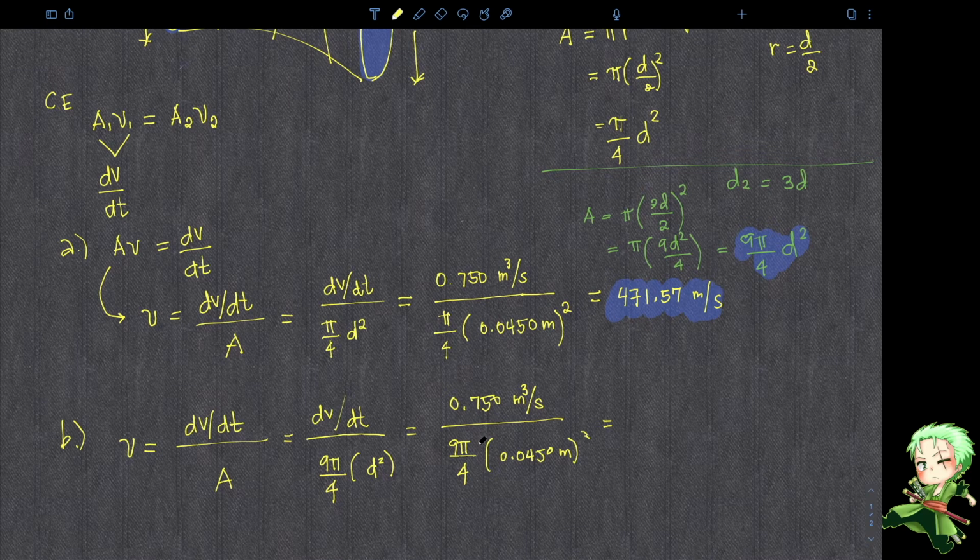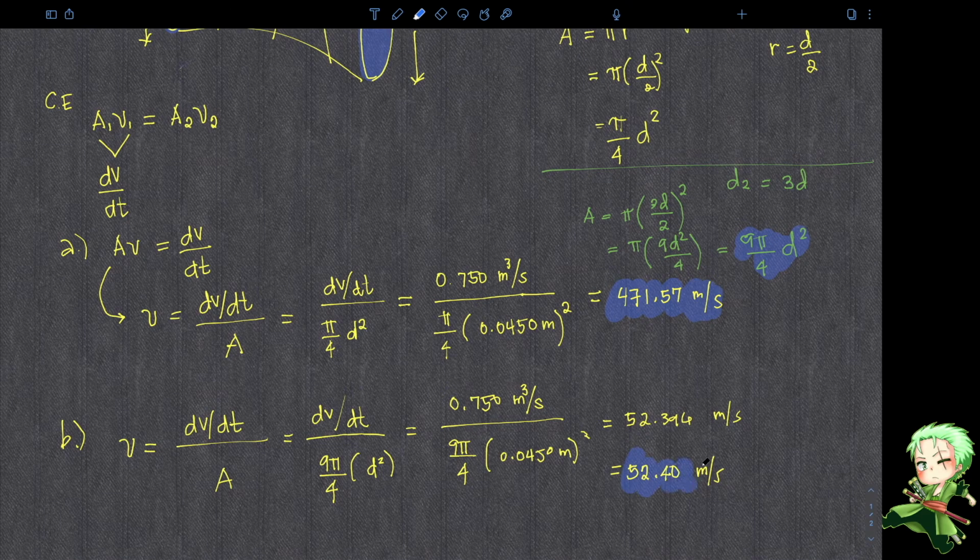You will get 52.396 meters per second. Since we have the convention that once the value is greater than 1, we express it to two decimal places, we could round that off to 52.40 meters per second.